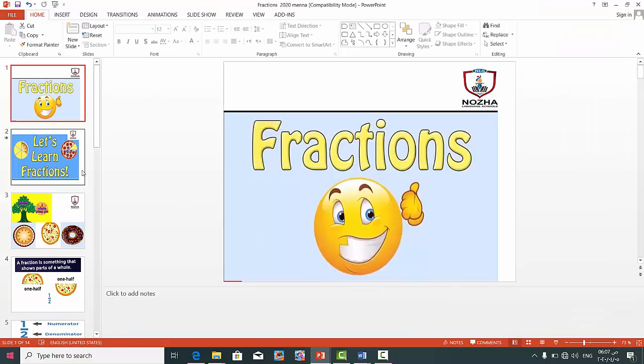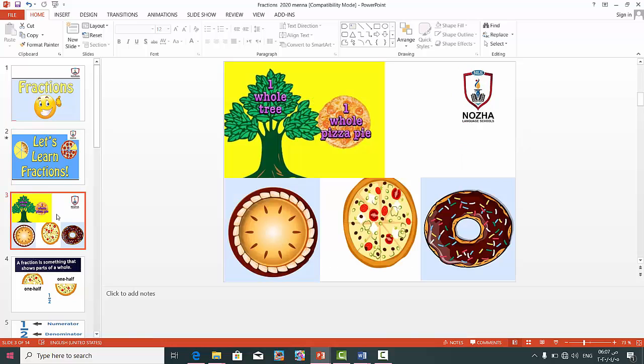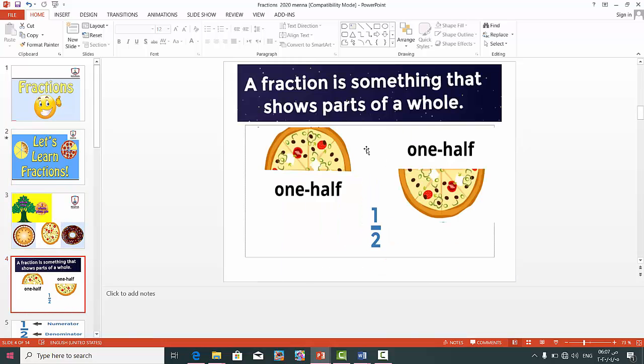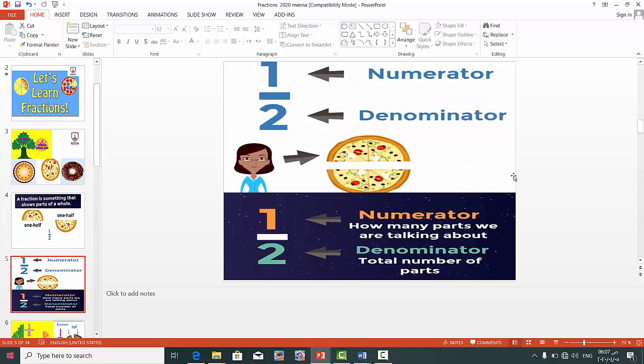Okay? In a fraction, my students, it must be equal parts. Now let's have another exercise about fractions. Here we said the fraction is a part of a whole. Here I have 1/2 and 1/2, half. Any fraction has a numerator and denominator.